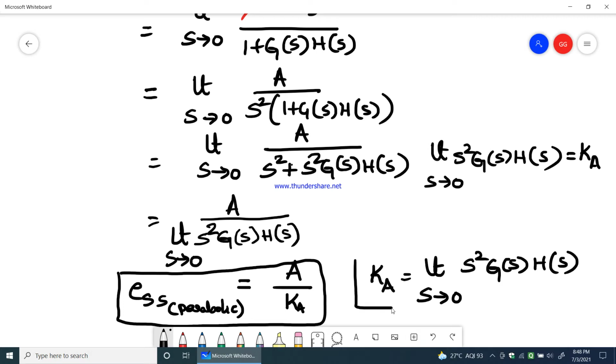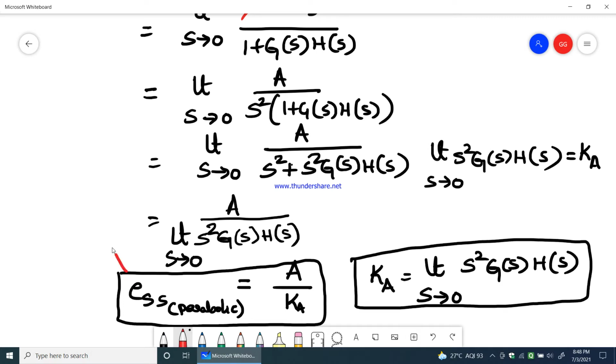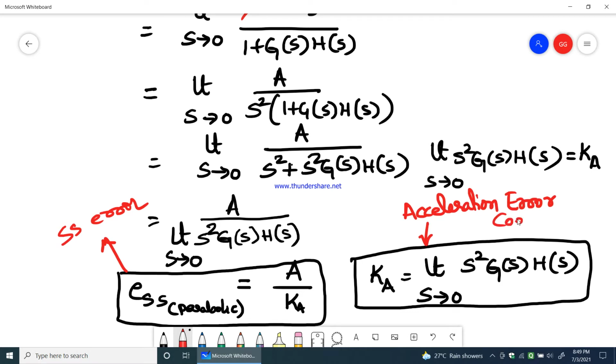So this is the value of ka. Therefore this is the steady state error, whereas this is the acceleration error coefficient.